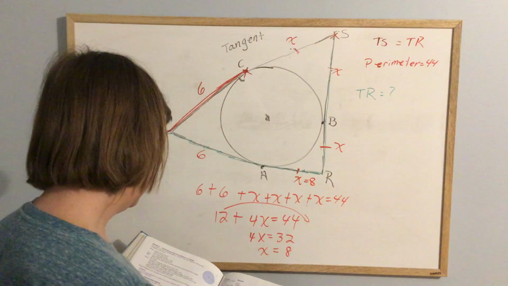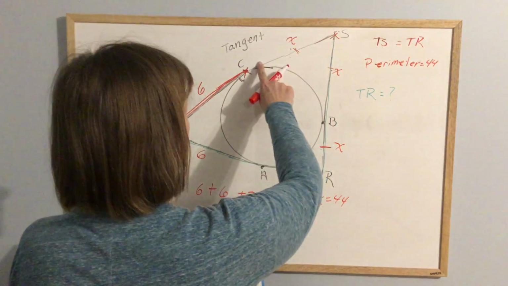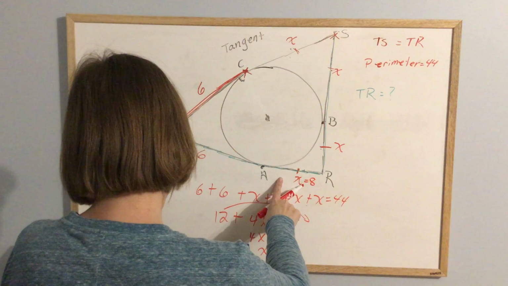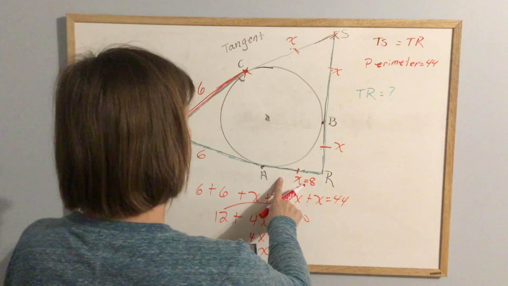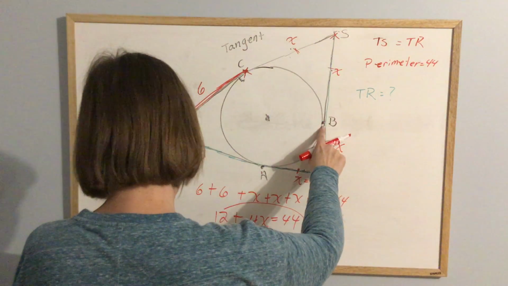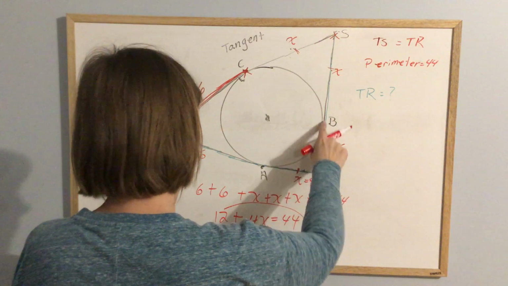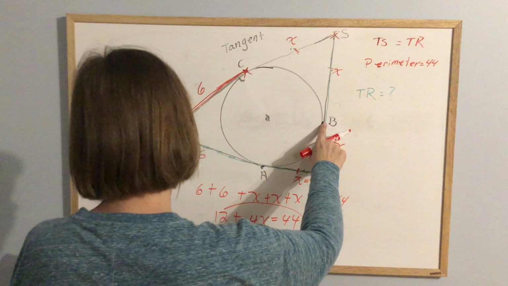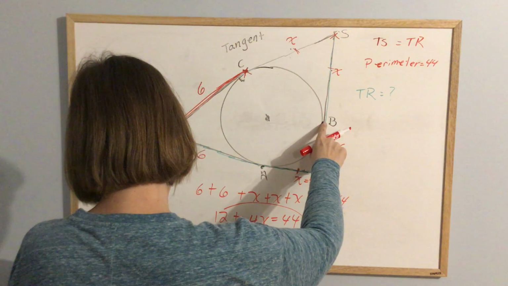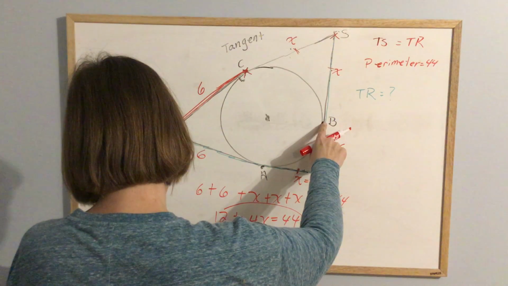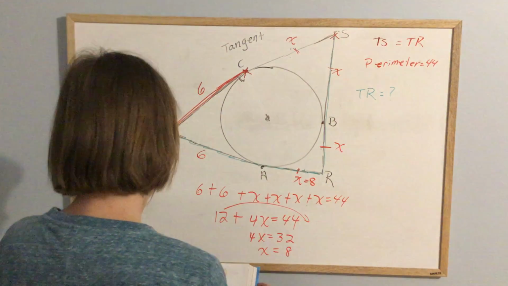So SC is equal to RA. I was with them, which is equal to SB. I was with them, which was equal to RB, and I was with them, and they say that is equal to 6.